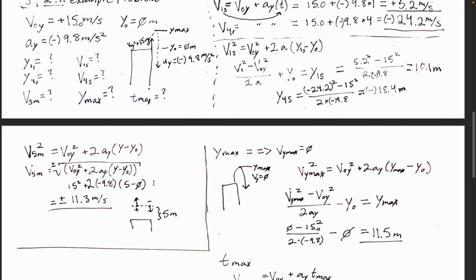And that is because, 5 meters above the roof of the building, there's 2 points on this downward curve. You have it going up and you have it going down. Now, if you take any point on this up and down, then the magnitude of the velocity is going to be the same.